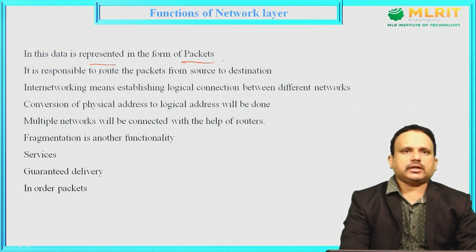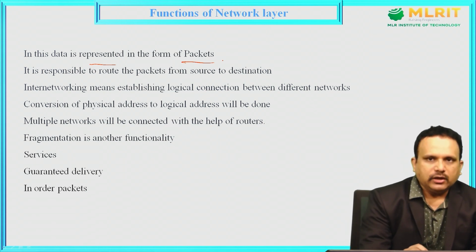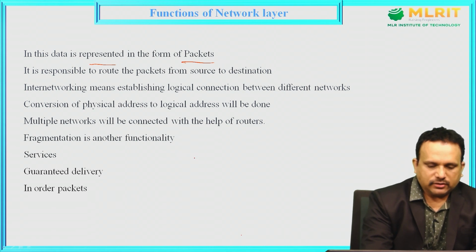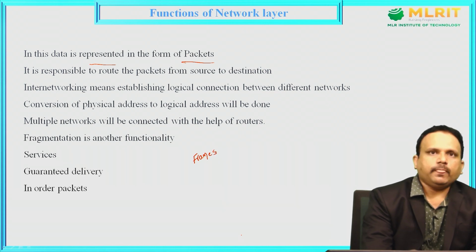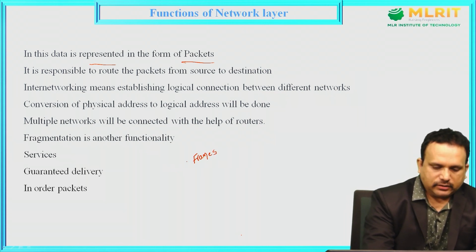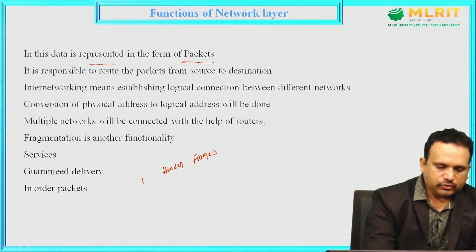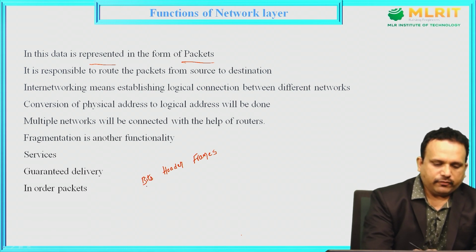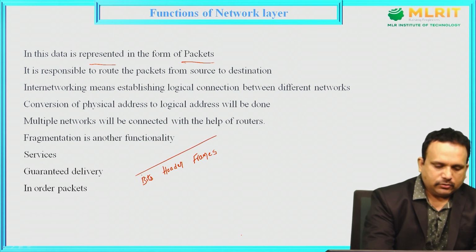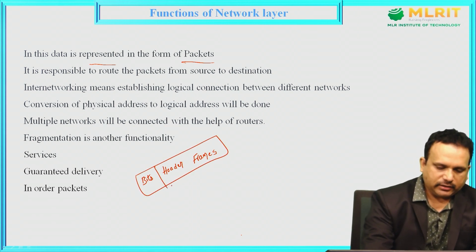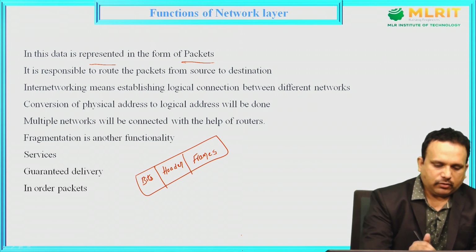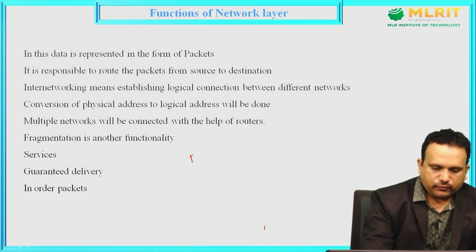Conversion of physical address to logical address means, for example, how this routing process takes place. In the data link layer, the data is in the form of frames, and it also includes some header part and some bits. Bits represent the physical layer.